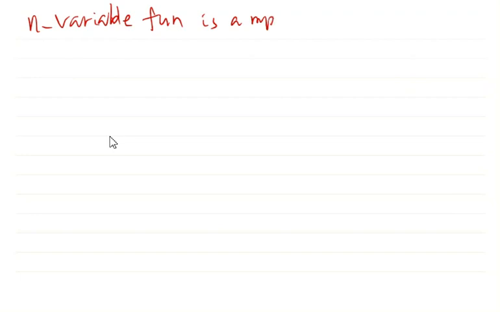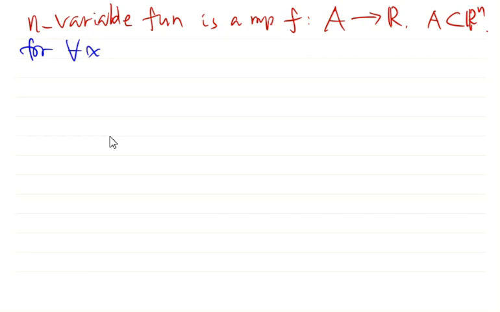Now we consider functions. So a variable function is a map f from a subset of Rn to the real numbers. Here, capital A is a subset of Rn. This means for any given x in A, because A is a subset of Rn, all points in A have n components.